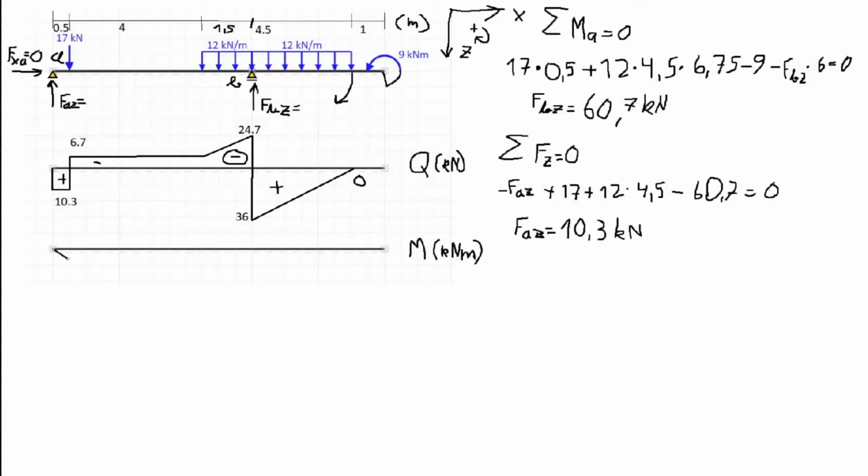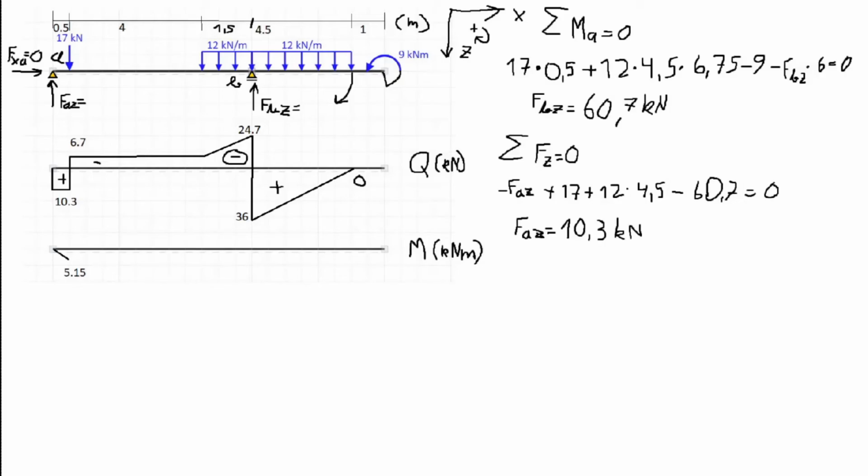And since, as I pointed out previously, when we integrate a horizontal line, we will get a linear line. So this is what we will get. And let's also write down this 5.15 kilonewton meter moment.